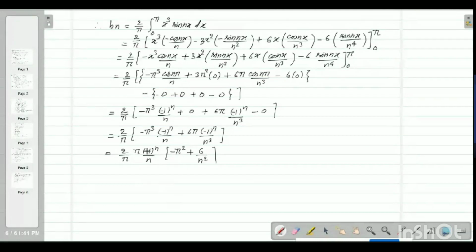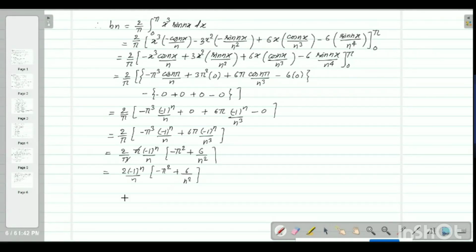Okay, this doesn't look good, I will write it a bit better. So this is what? Constant term. This is your constant term, so I am taking the constant term inside. So this is what? Pi and pi 2. Okay, so this is 2 minus 1 raised to n upon n and minus pi square plus 6 by n square.